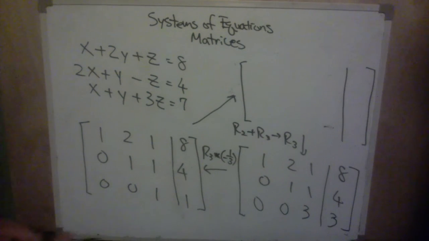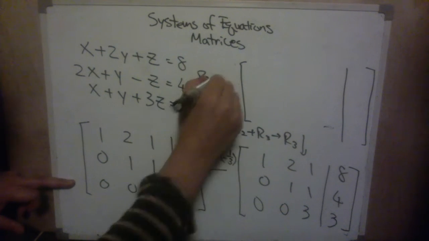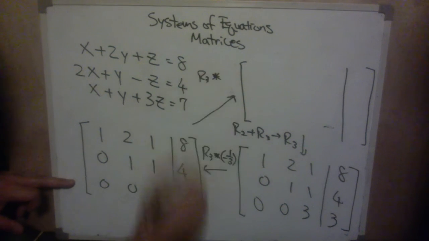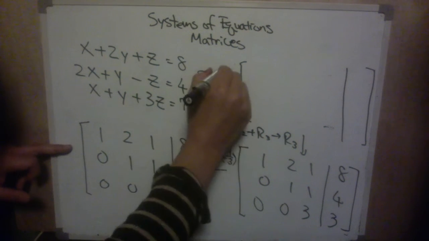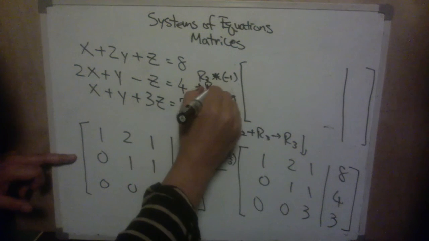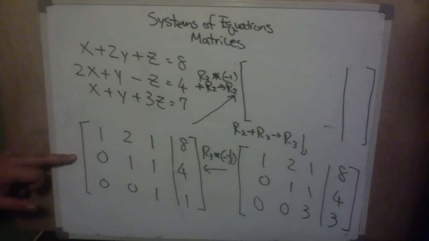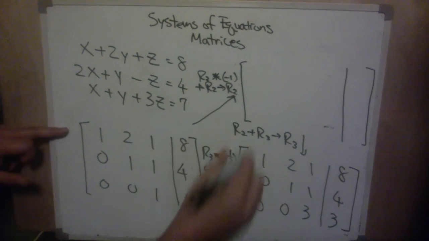So I'm going to take row 3 and multiply it times negative 1 and add it to row 2, and that's going to be my new row 2. Row 1 stays the same, row 3 stays the same. So let's do that.